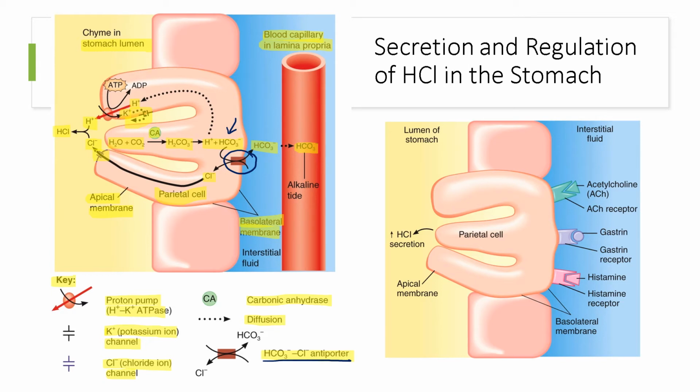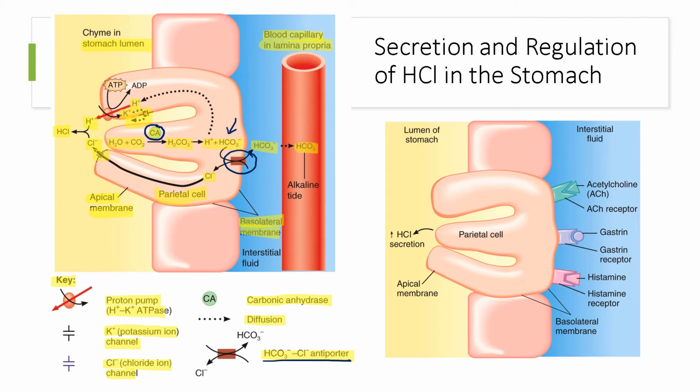That carbonic anhydrase is going to catalyze the formation of carbonic acid from water and carbon dioxide. And that's because this carbonic anhydrase is going to be very, very plentiful in these parietal cells. Parietal cells have a ton of carbonic anhydrase, so they can pretty much always convert water and carbon dioxide into carbonic acid.